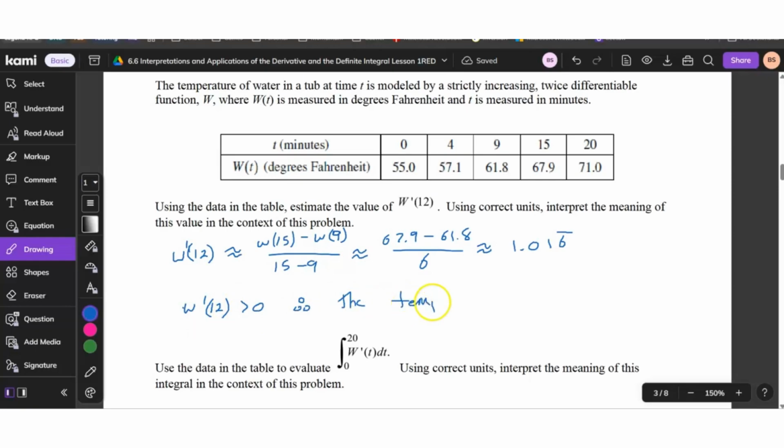So it confirms what the question said. Well, I guess not always, it is increasing at 12 minutes, by roughly 1 degree Fahrenheit per minute.